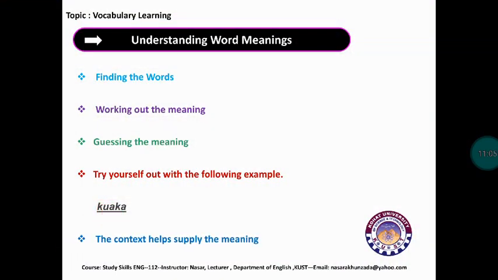The context helps supply the meaning. The process of intelligent guessing is not just for second language learners.